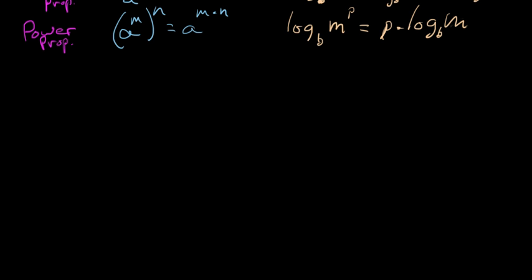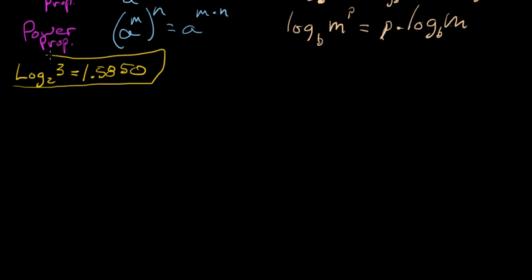Suppose I give you this advanced information: the log base 2 of 3 is equal to 1.5850. This is background information which we're going to need in order to solve these problems. Okay, so start with this one. How do I find log base 2 of 12?